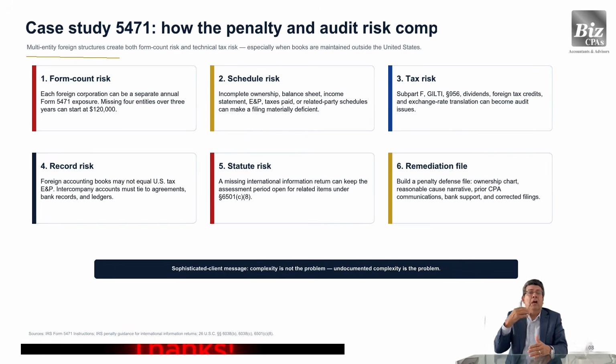And then obviously they also have foreign tax rates to account for. The books, the financial records, they need to be done properly by the foreign entity's accountants, so that we can use that information and properly report it in the U.S. tax form. Missing international information can keep the assessment period open for related items.